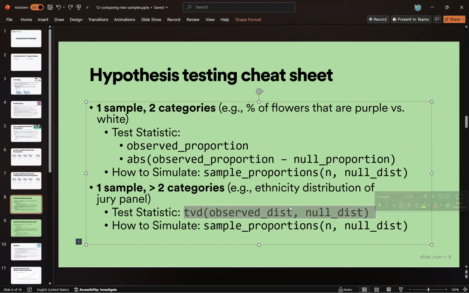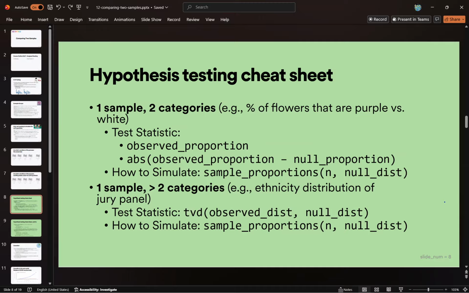We did that, and we compared what we got when we simulated with what we assumed it should have been, right? We always assume what it should have been, and that's the number that we can then simulate. We can keep on simulating that. So we had a bunch of different groups, like our observed distances for all these different ethnicities, and then our null distribution was like, okay, these were the values that we saw in real life, or these were the values that it was supposed to have been.